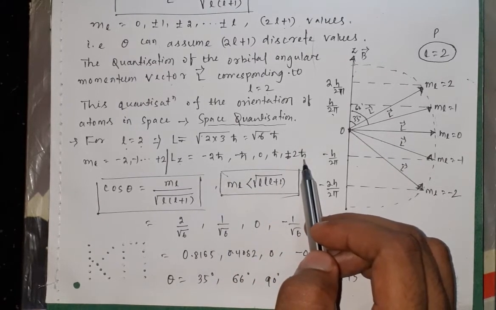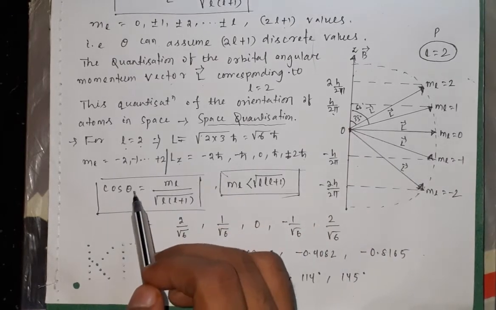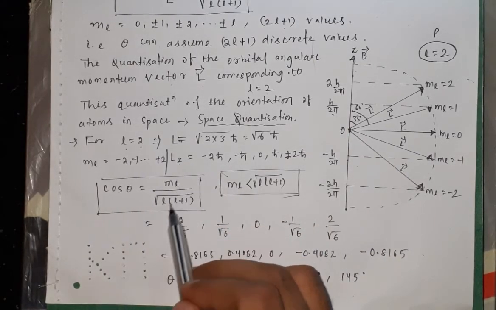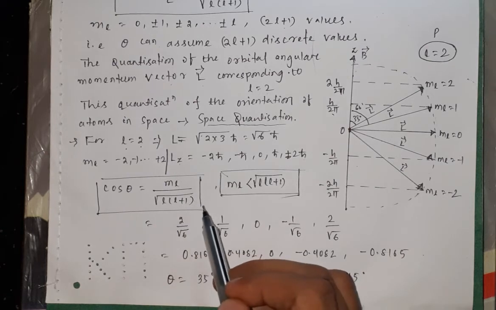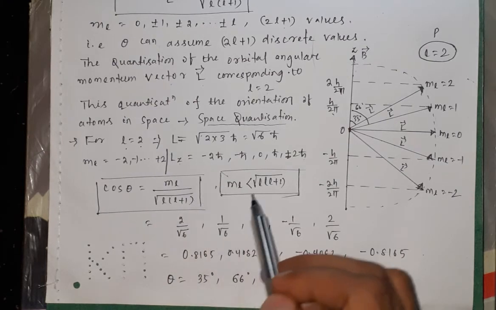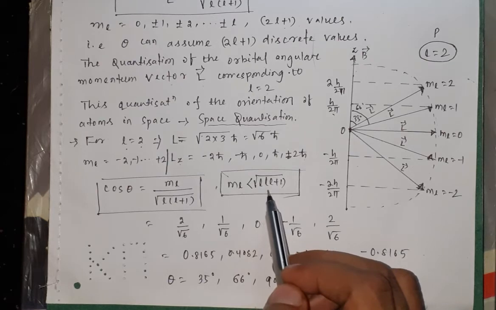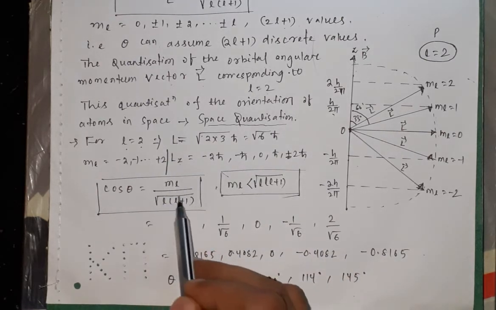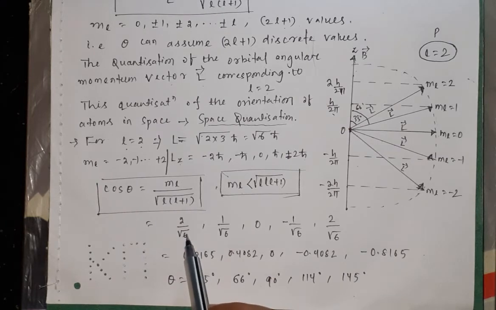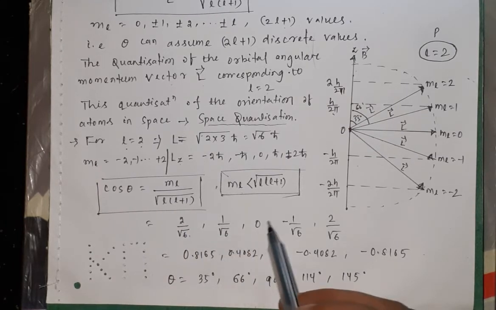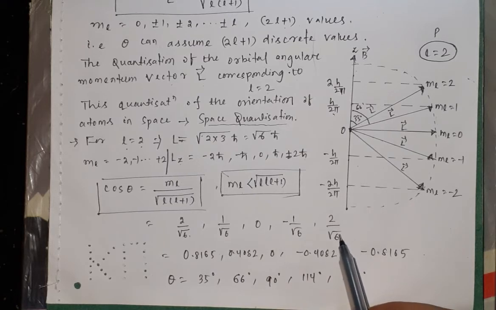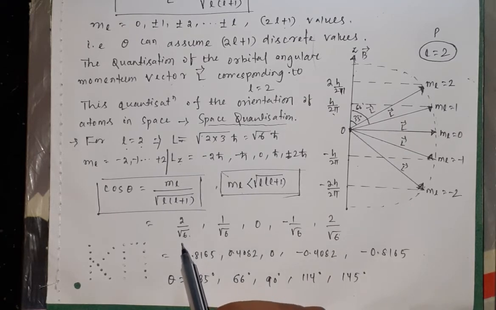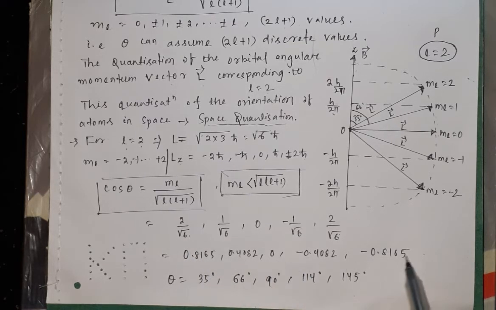Putting this value of L and Lz in the cos theta value, cos theta equals ml by root over l into l plus 1. Here it is important to notice that ml is always smaller than root over l into l plus 1. So we get various values of cos theta: 2 by root 6, 1 by root 6, 0, minus 1 by root 6 and minus 2 by root 6, corresponding to 0.8165, 0.4082, 0, and so on.